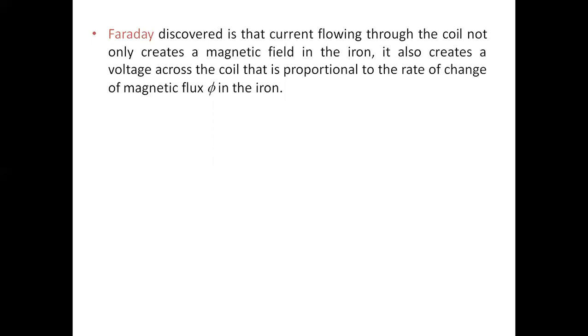Okay, so not only does it create the magnetic field, but we can also find the voltage across the coil. Faraday discovered both things: the voltage across the coil is directly proportional to the rate of change of magnetic flux.